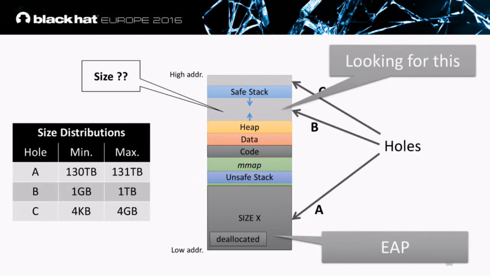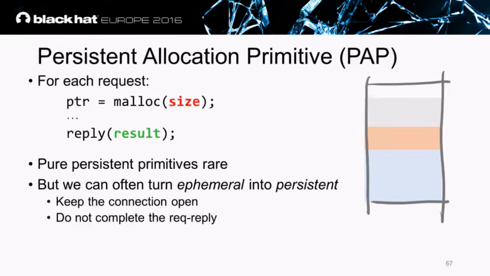But if we do it with the short-lived technique, the memory gets deallocated. So we need something to keep that region allocated because we want to build on top of it. We want to keep it there, and then probe again for a hole size, and have this end up in hole B. So what can we do?